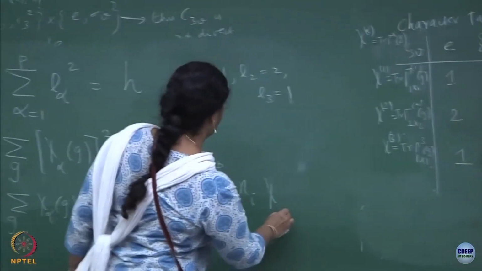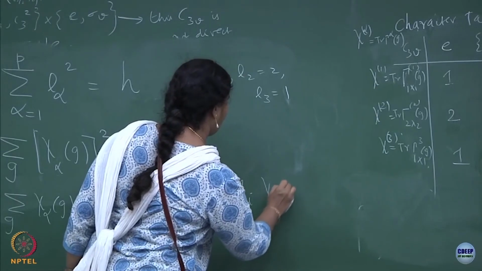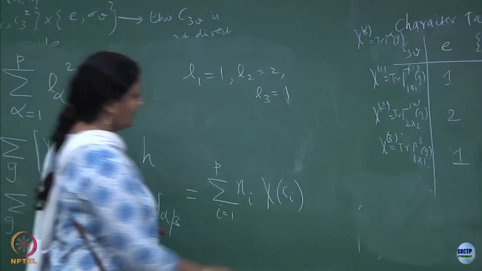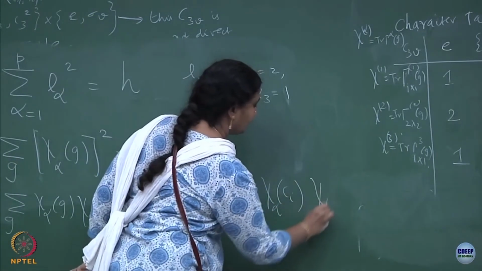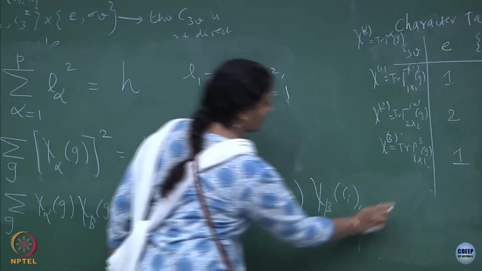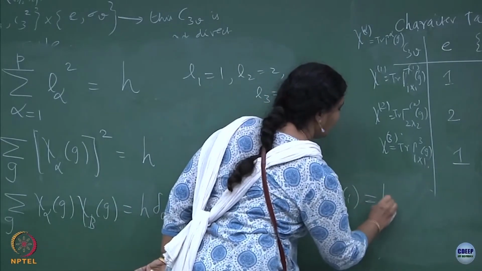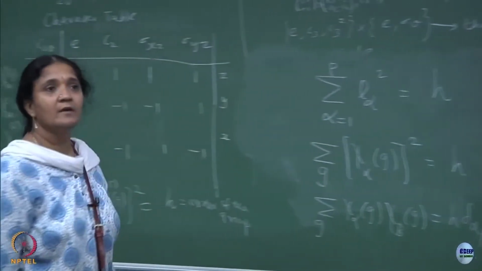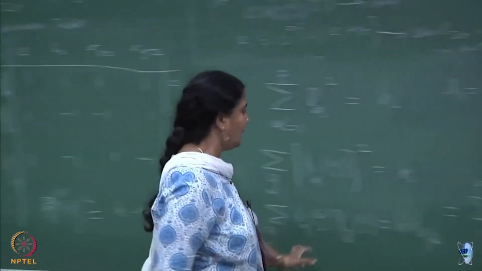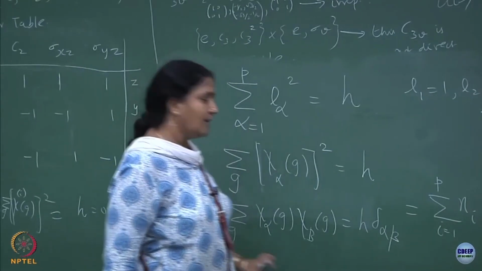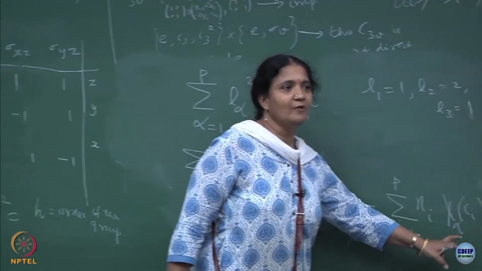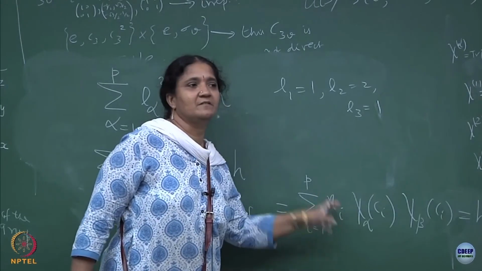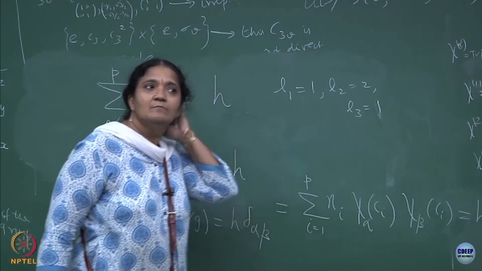You can write it for a character of an element in the class Ci for an irrep alpha. Both are equivalent. Here I sum up over all the elements; because the characters are the same for every element within a class, I can sum up over the classes and put the number of elements in it.